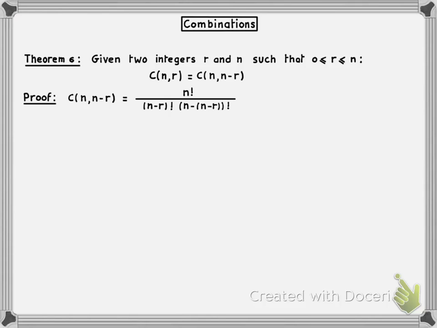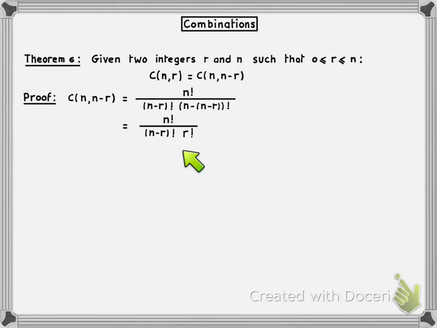Again, make sure you understand this application of theorem 5. Now from here we can just simplify this factorial. n minus n is equal to 0, so that disappears. Minus minus r equals r, so we are left with this simpler fraction.